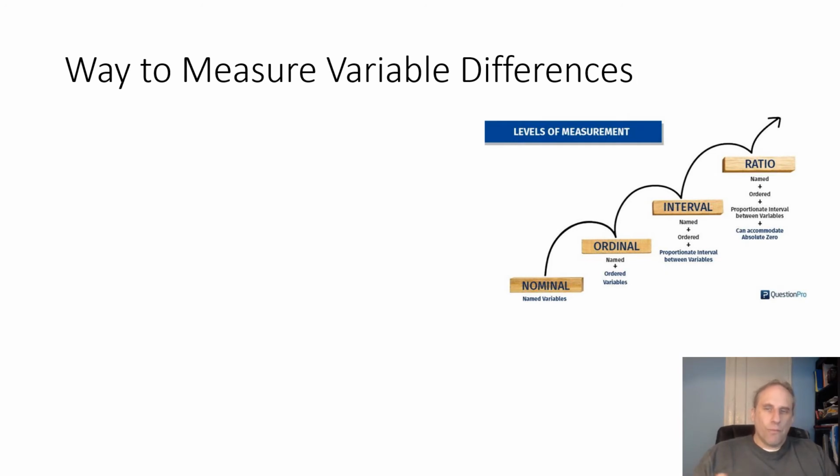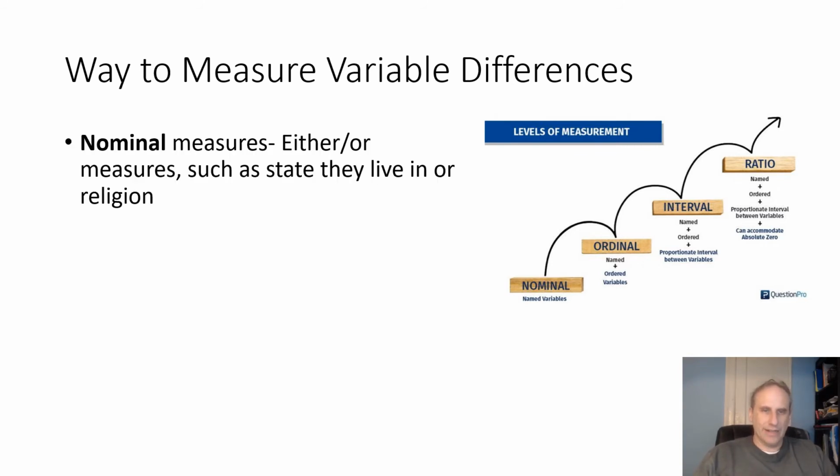Now, having picked a variable, how are you going to measure different answers? There are a couple of different ways to do it, especially quantitatively. There are nominal measures. These are either-or measures, such as what state do you live in? What's your religion? These are ones where if you live in New Jersey, you don't live in California.